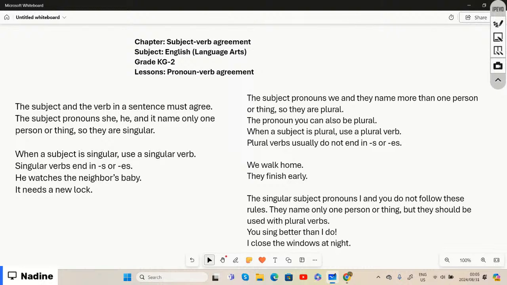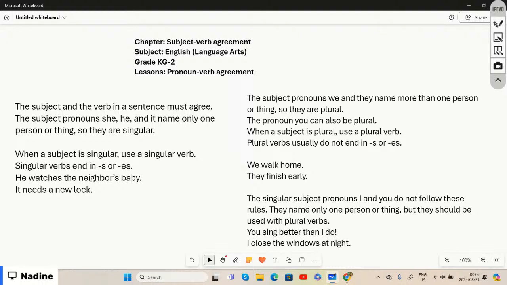So we say that the subject and the verb in a sentence must agree, and that is why our chapter is subject verb agreement, meaning that the subject as well as the verb need to agree within a sentence.